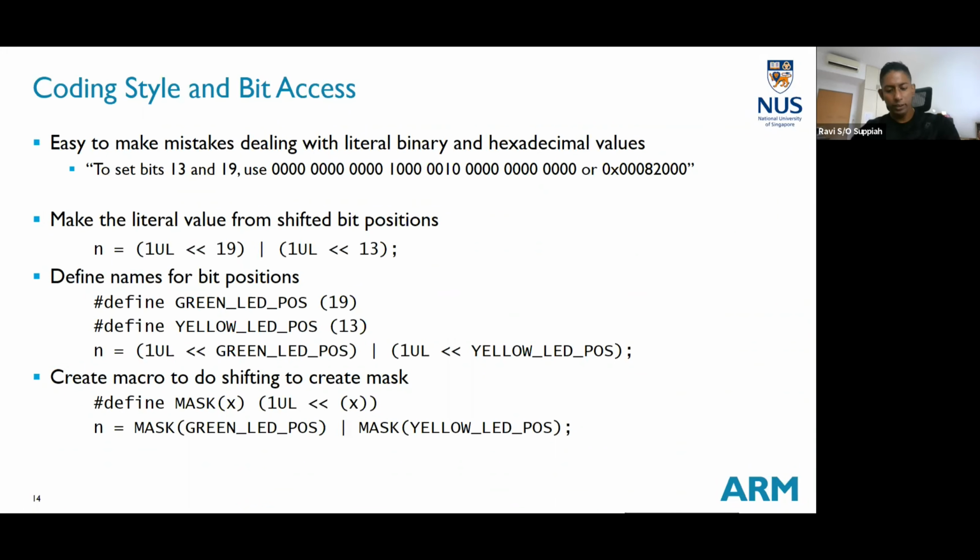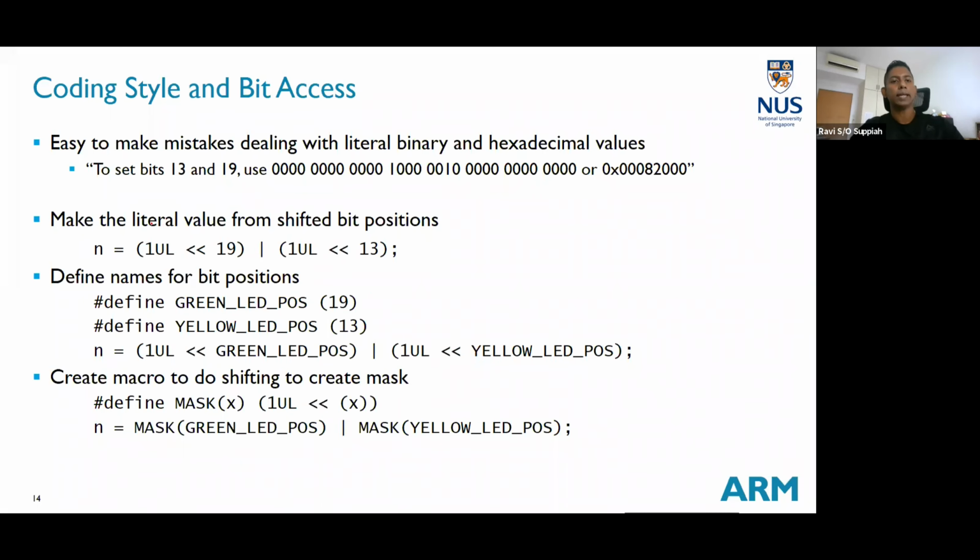Now, in terms of the coding style, we need to make sure that you implement proper coding techniques. So what are proper coding techniques? You need to use proper hex defines for your constants, and use proper masking techniques to extract out the bits that you are interested in. Take this example here.